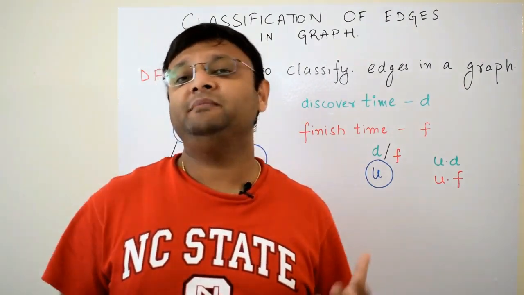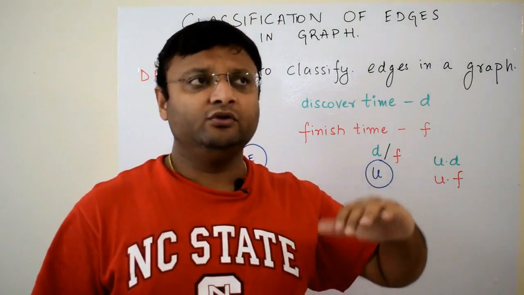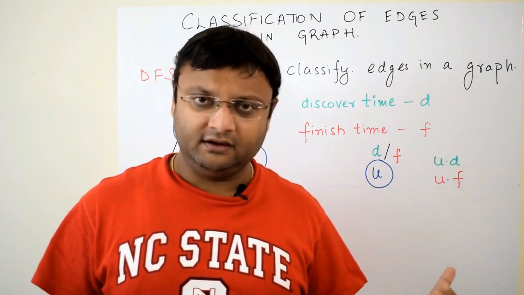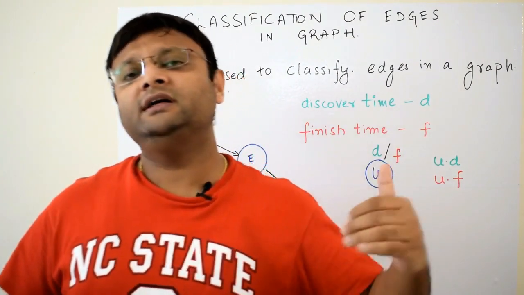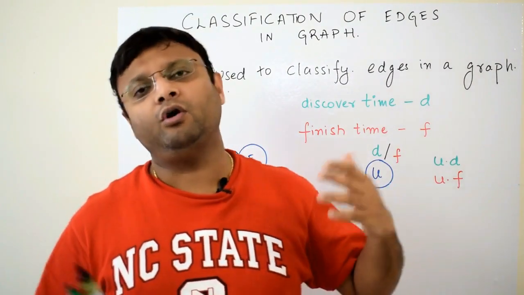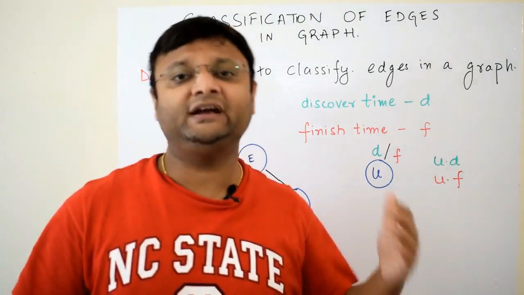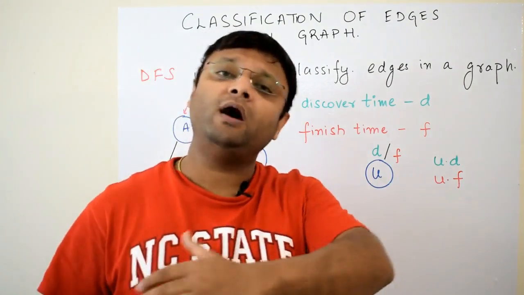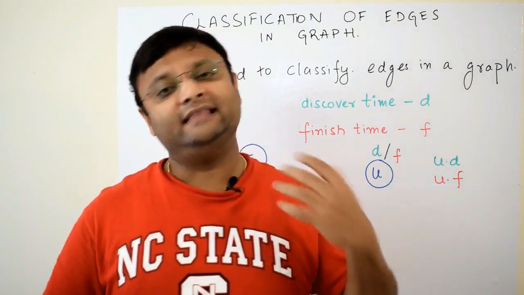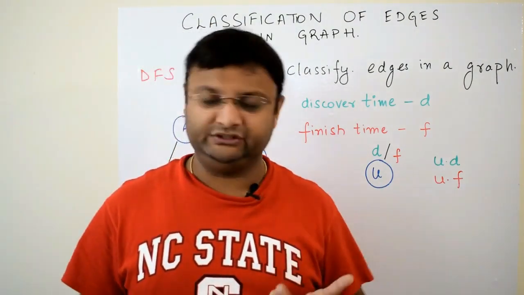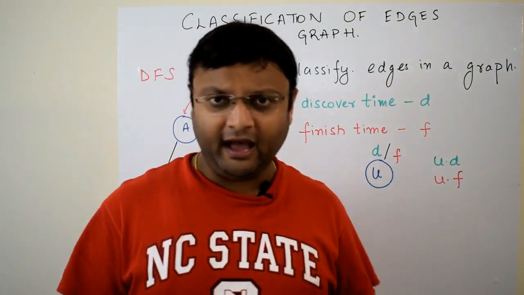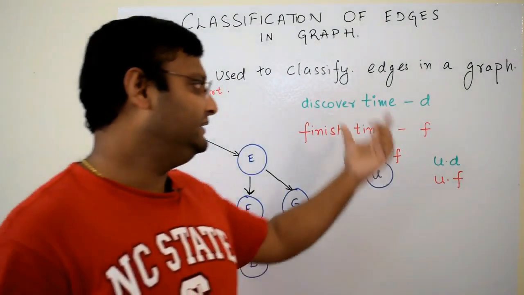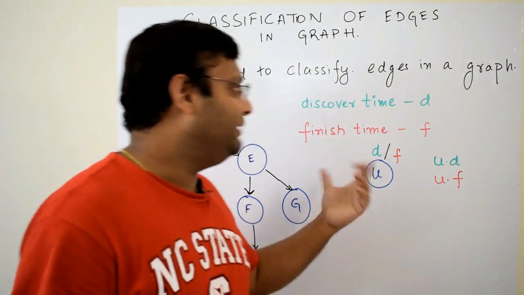And the finish time is when you are done exploring all the edges or all the vertices adjacent to that node. Once you are done and you are coming back, that particular time is called the finish time. Don't worry, I'll take an example to make you understand it better.